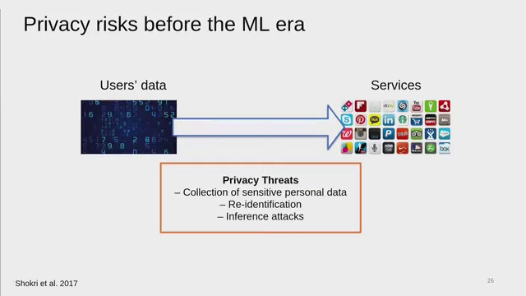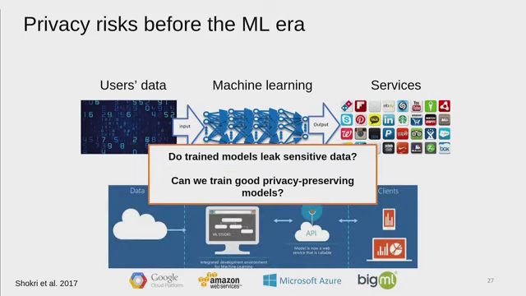Privacy risk before the machine learning era? Well, before that, the issue was potential collection of sensitive personal data, re-identification, inference attacks, and whatnot, similar to what we discussed last week. Now, if you move to machine learning, all of this is being added. There's this component in the middle, from user data to services, where we now have a machine learning component where the user data is thrown into these machine learning solutions to extract certain data and add additional features.